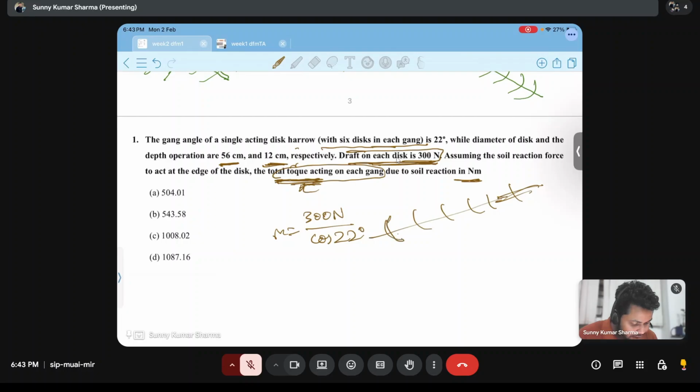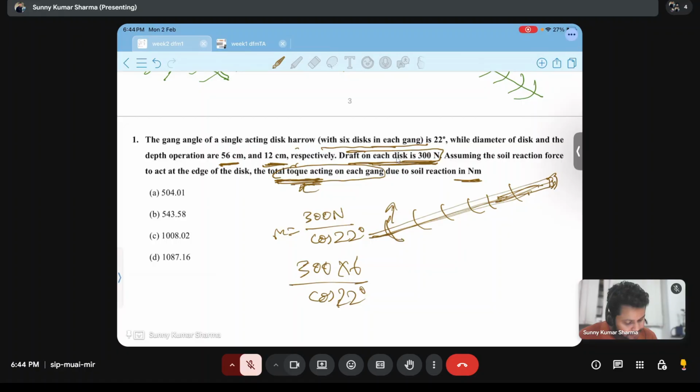So 300 will be at each disc. So 300 into 6 by cos 22 degree will be the moment acting on this gang.